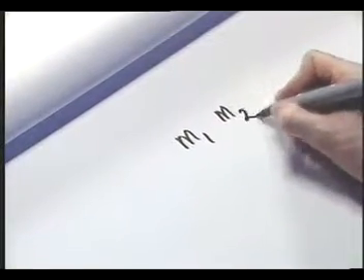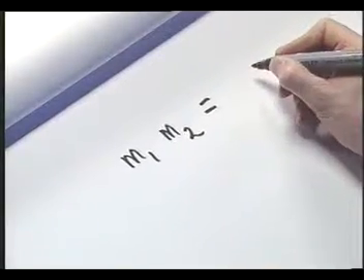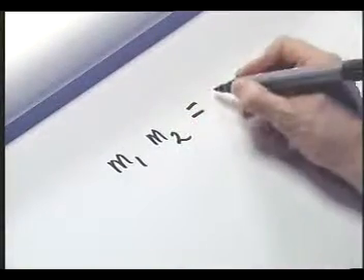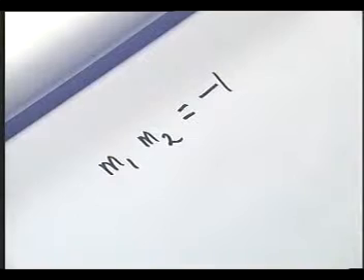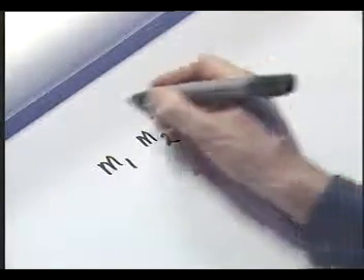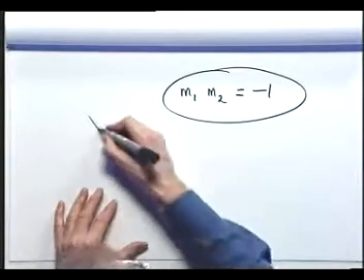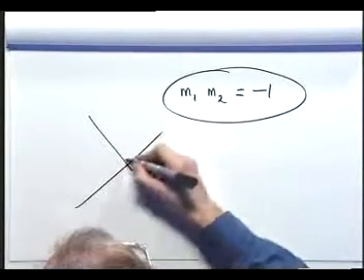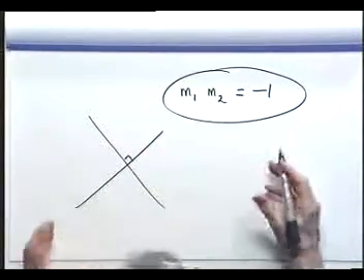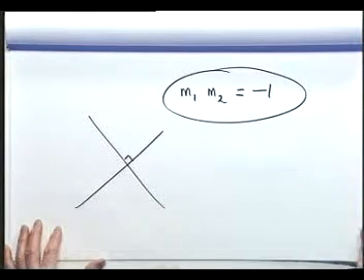And the other relationship that we found was that a normal was perpendicular to the tangent, and that the result of multiplying two gradients together where the two lines were perpendicular was minus 1. And that's an important relationship when we're looking at two lines that are perpendicular, as is the case for tangent and normal.